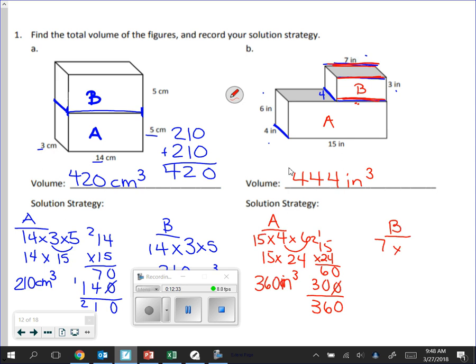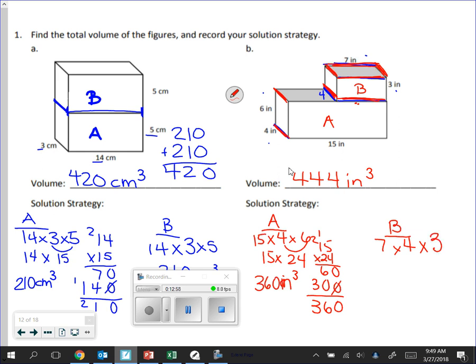So if the width would have been right here or right here or right there, they're not always going to give it to you. It was down here. So if this side is 4, then this part is 4, and this part is 4, that part's 4, that part's 4. They're all the same size. So the width is 4. The height, they gave it to you, 3.